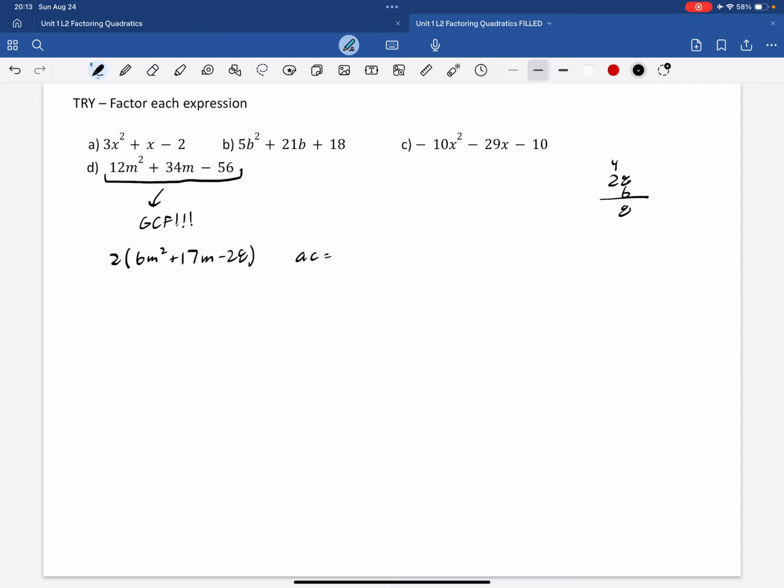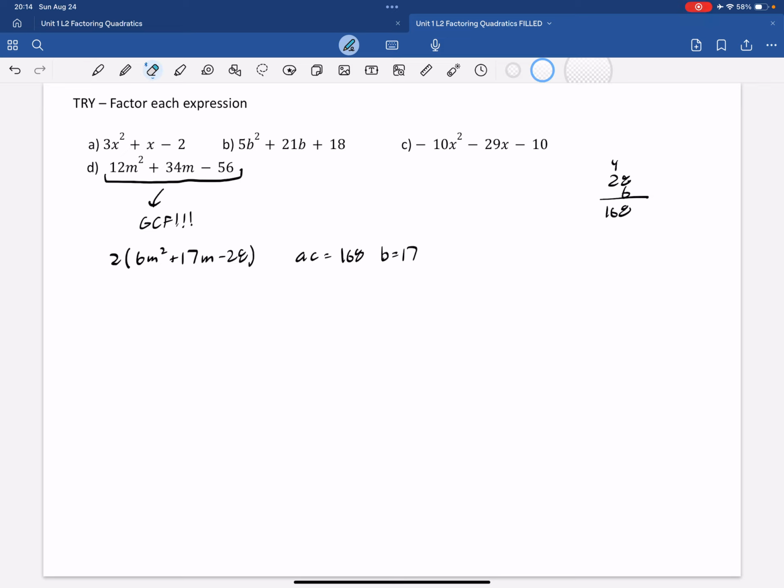Oh man, you guys are probably doing this in your head. That's 168. Okay, this is going to be awesome. And B is 17. Okay, so I'm not going to start with 1 and 168.